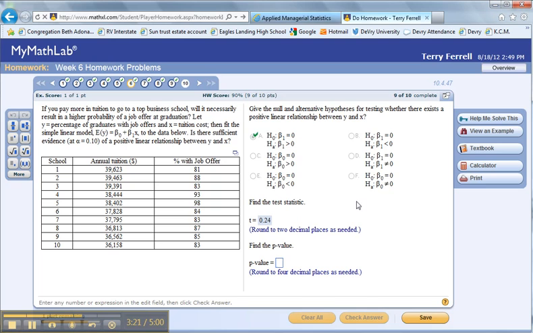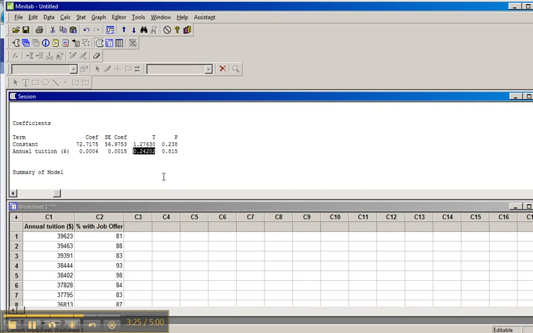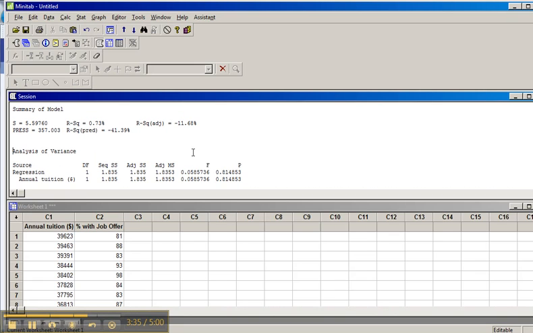Okay, next we need to find the p-value. We're going to go back to our chart. Here, this is the p-value that's associated with this t-value and this coefficient of the slope. But the only problem in Minitab, it only goes out to 3 decimal places, and we really need to go out to more than just 3 decimal places because we need to round to 4. So if you scroll down to analysis of variance, there's the same p-value.